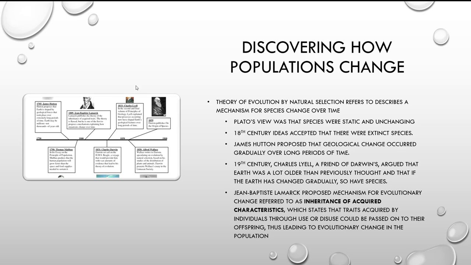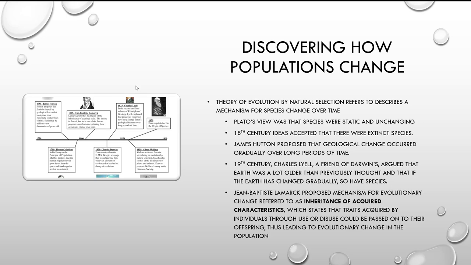And this theory of evolution by means of natural selection came about through a lot of different ideas that developed over many, many years. So way back in Plato's time, Plato's view was that species were static and unchanging.